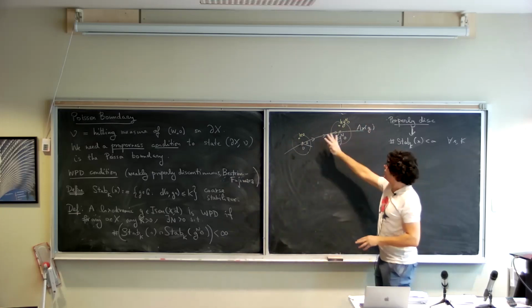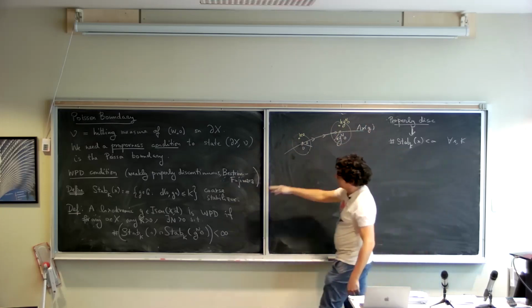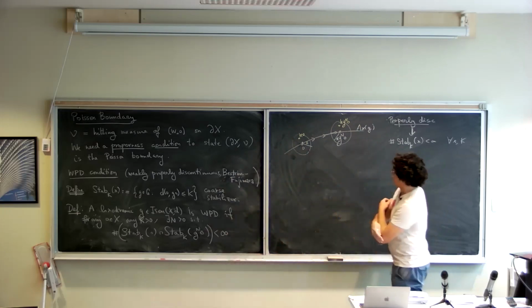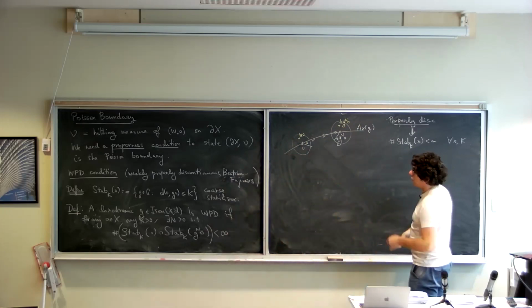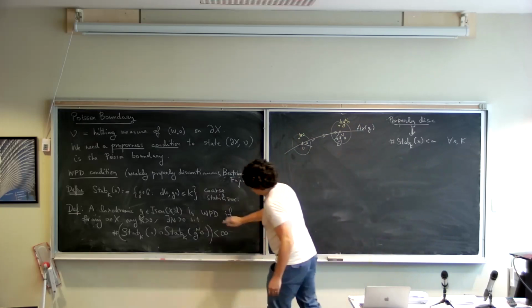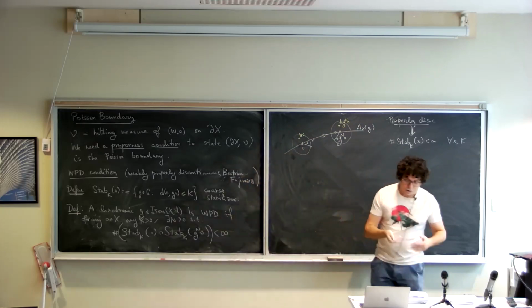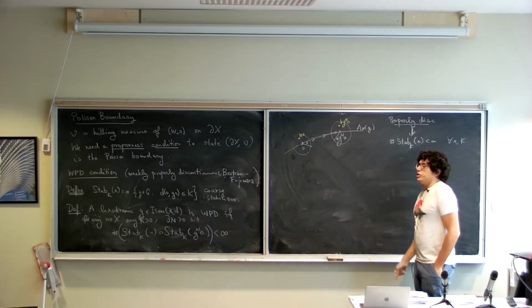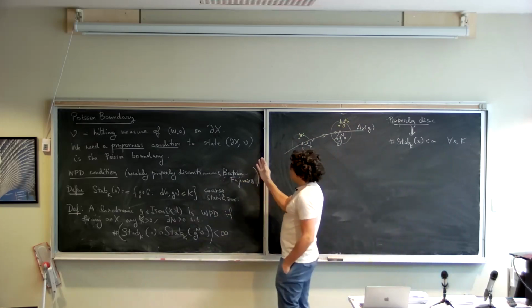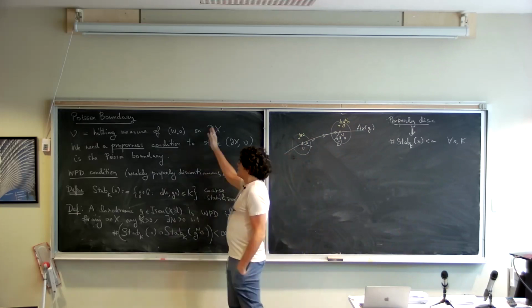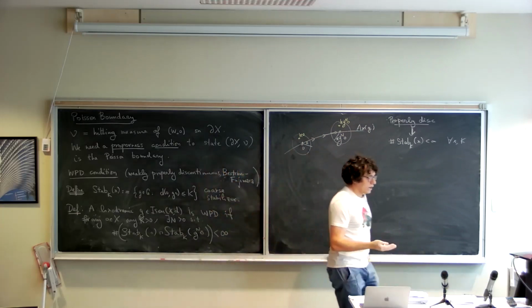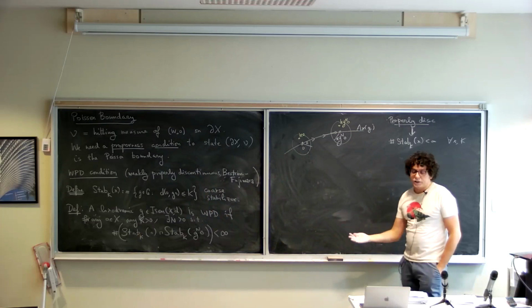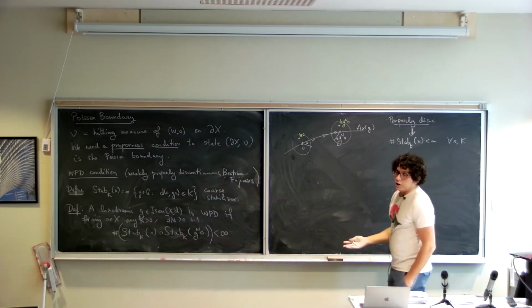And this is possible, but for only finitely many choices of h. So this is a fairly weak condition. But we need some condition, because otherwise the action of G on X could be really bad. It could have a discrete, it could have a dense orbit, and then we really don't know what to say.